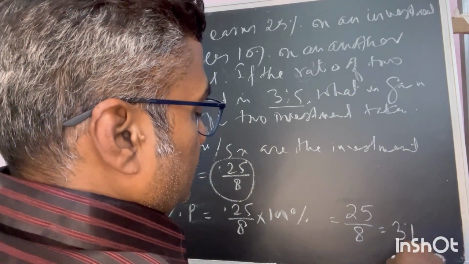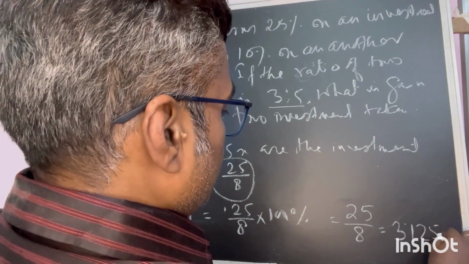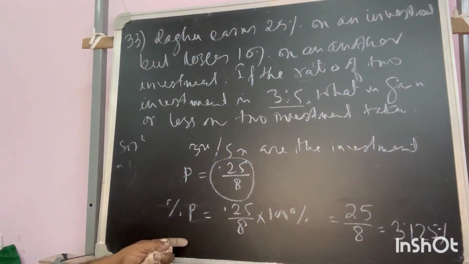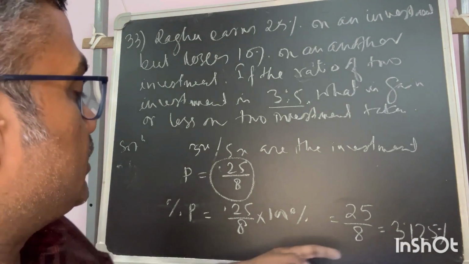This much percentage is getting as a profit. So this profit is equal to 3.125. Yes, this is the right answer. So I am getting a profit of 3.125.